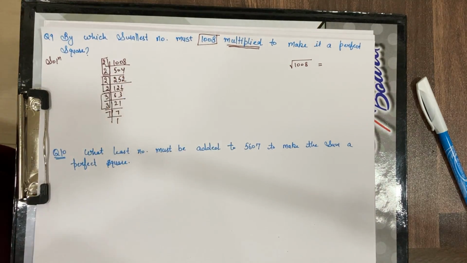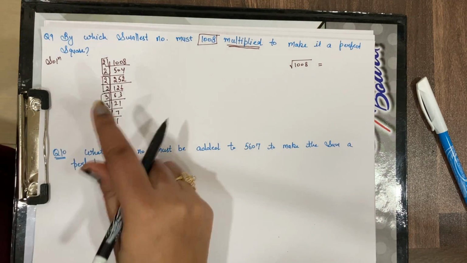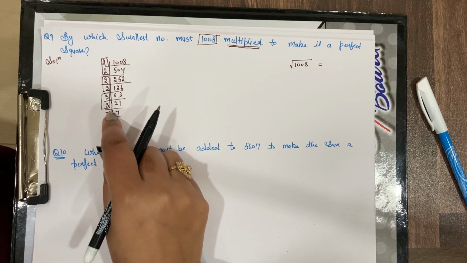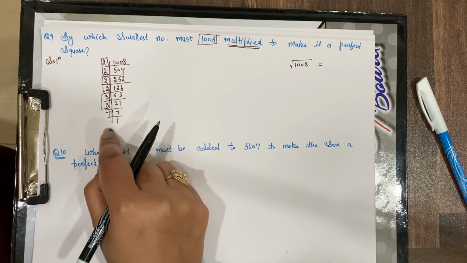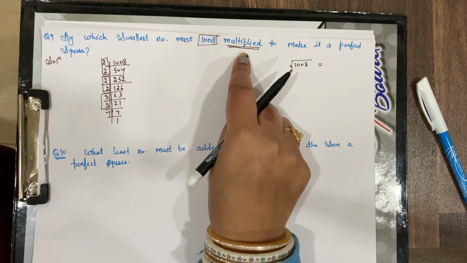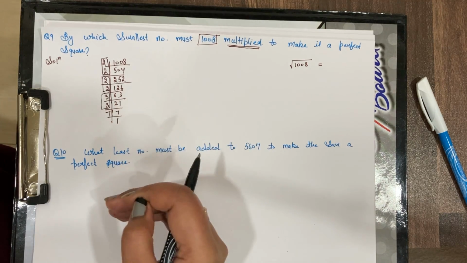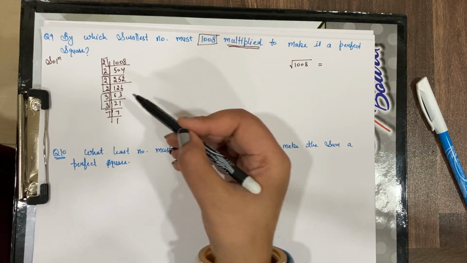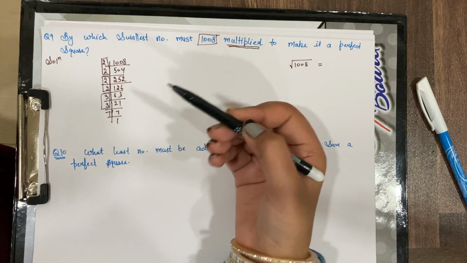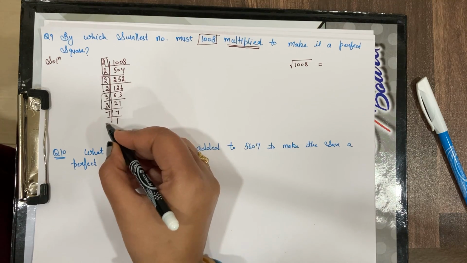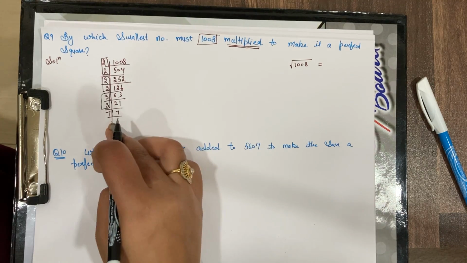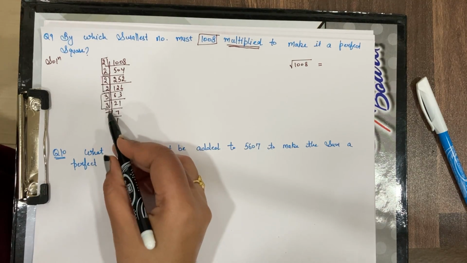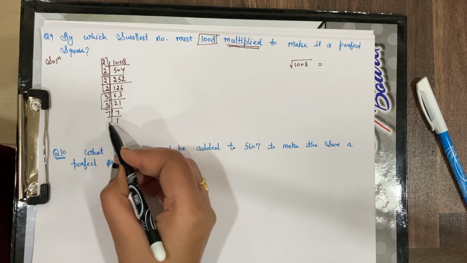But 7 is not having its pair. If we want to make a pair of 7, we need one more 7. So in multiplication, we basically see which other number we want. Multiplication means to increase. That means we have to add something. That number which we have to multiply is the same which we need to pair it up.